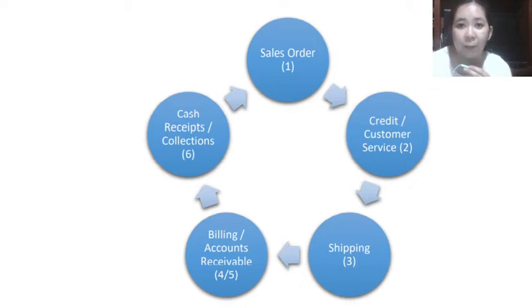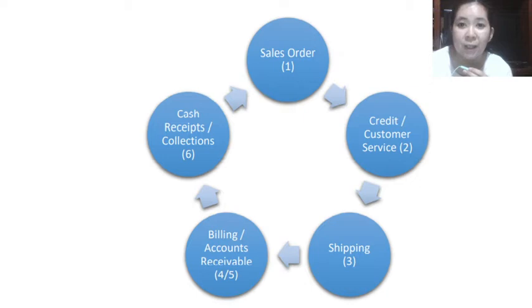Next, after the processing of the order and the credit approval, the inventory will be ready for pickup for shipping to the customer. Along with that is the billing, and then the accounts receivable will be established, and from there it will be recorded in the books of the entity.